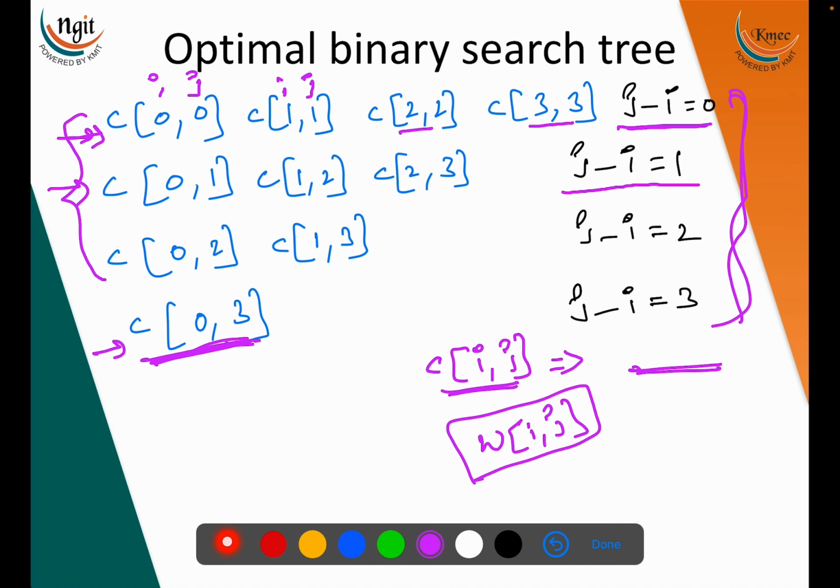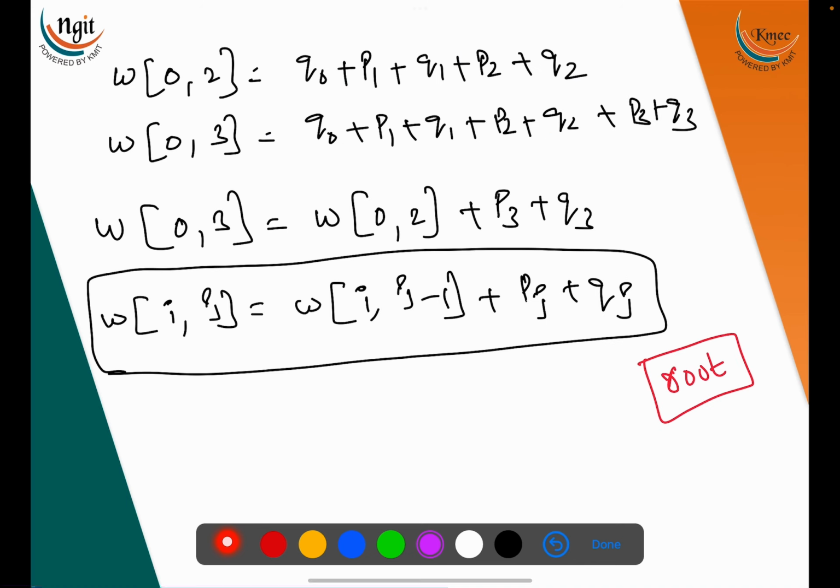So you have to know what w(i, j) is. The w(i, j) formula is w(i, j) = w(i, j-1) + p_j + q_j. When you want to know the weight of one node or one key, you should also add the probability of successful and unsuccessful search.